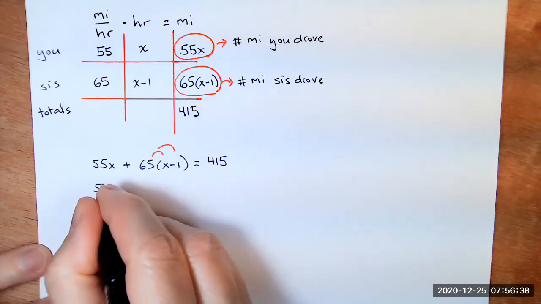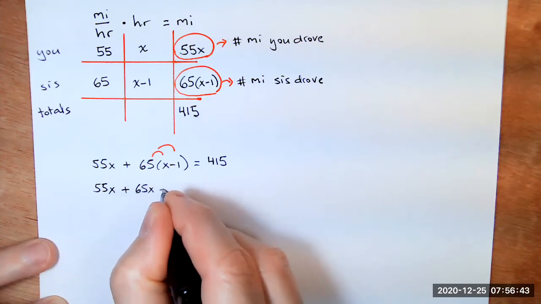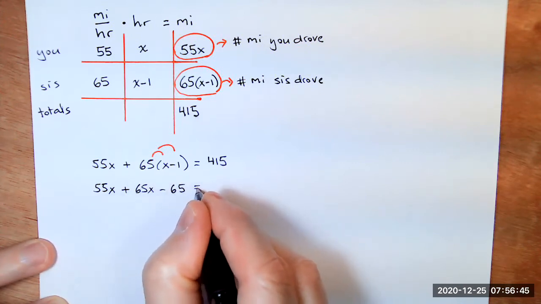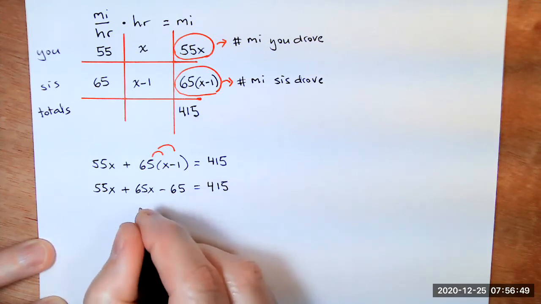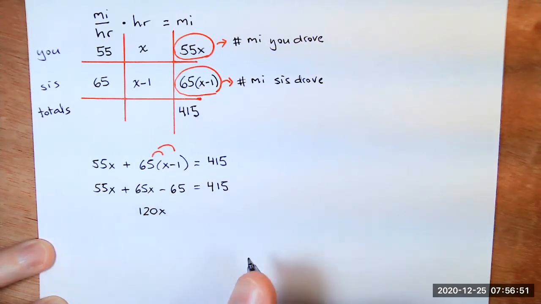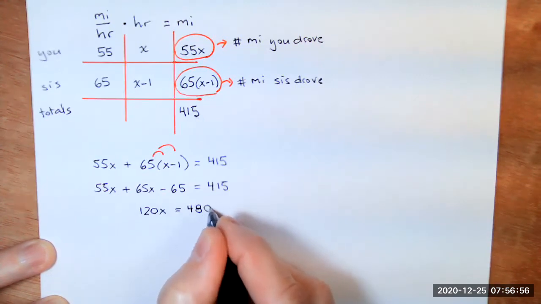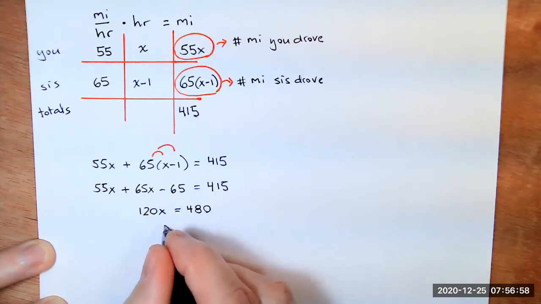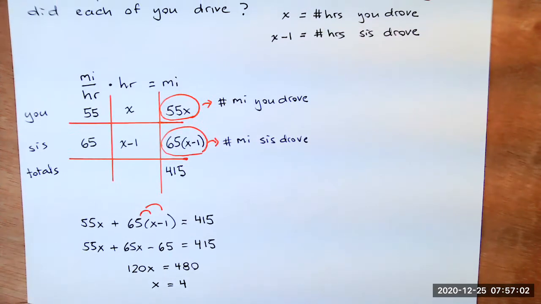Distribute. Combine like terms. Add 65 to both sides. Divide both sides by 120. And go back.